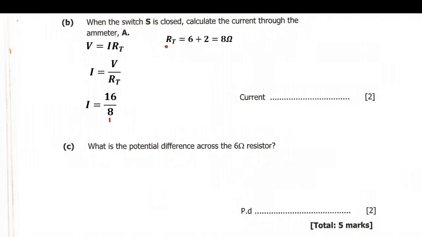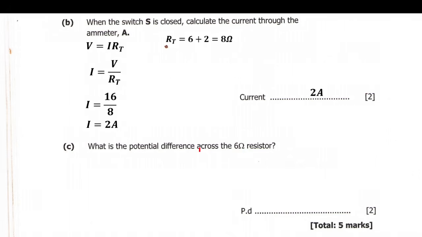When we divide 16 by 8, we get 2 amps, and the unit for current is amps. So we'll put our answer there as 2 amps. Then, what is the potential difference across the 6 ohm resistor?